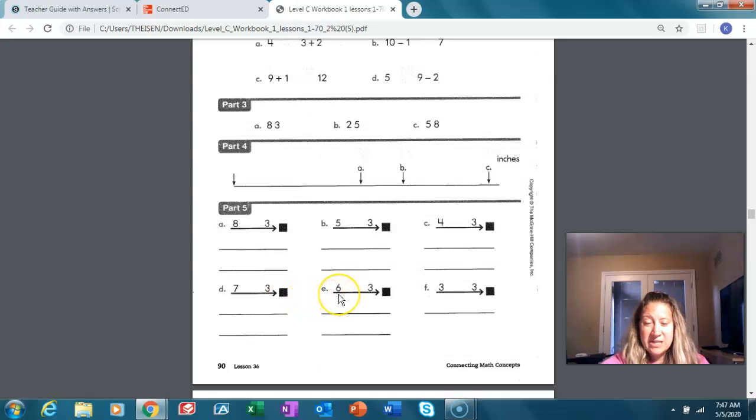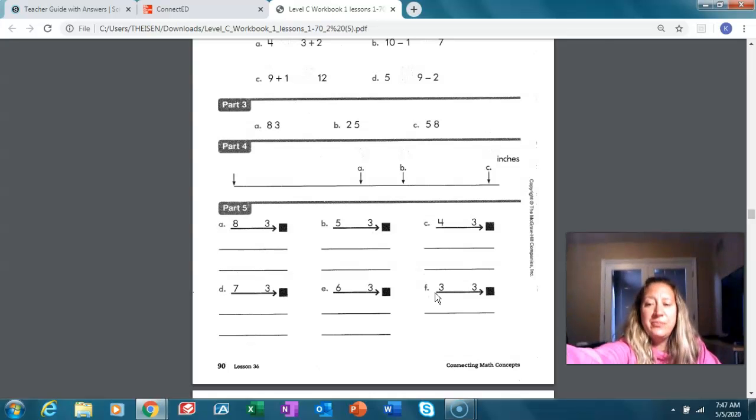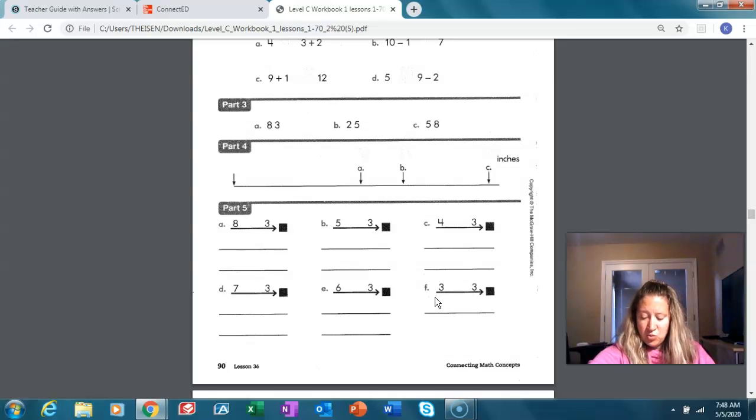E. What are the small numbers? 6 and 3. What is the big number? 9. F. What are the small numbers? 3 and 3. And what is the big number? 6. Good. Okay.